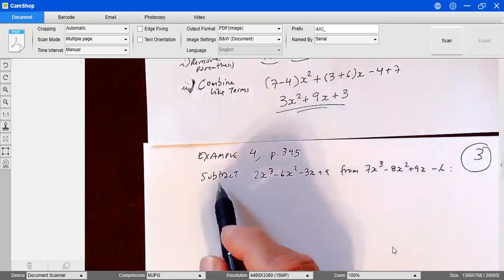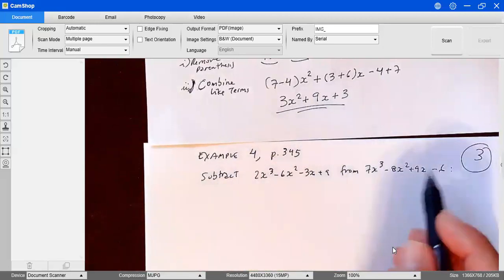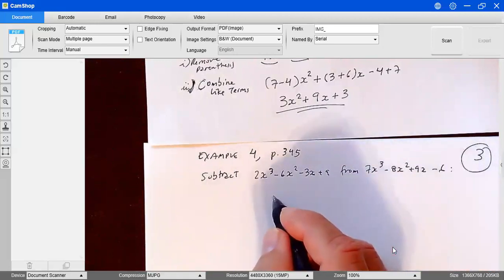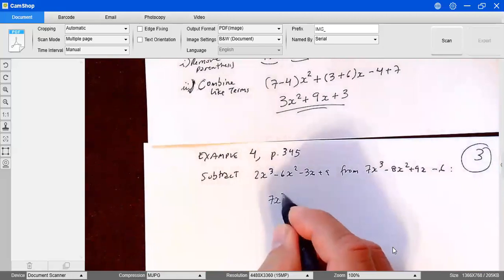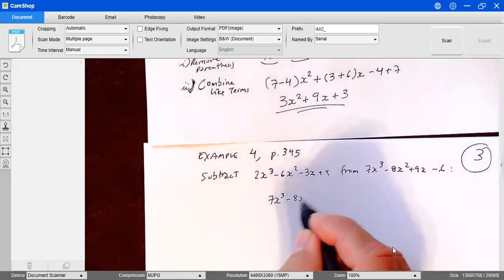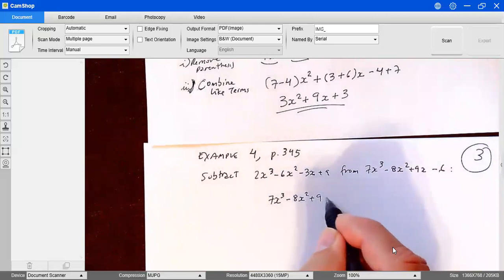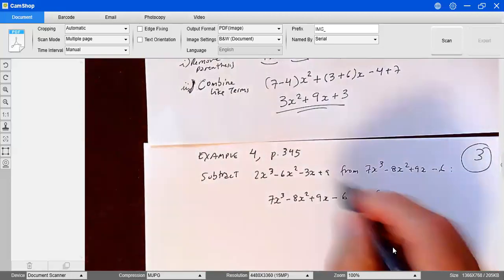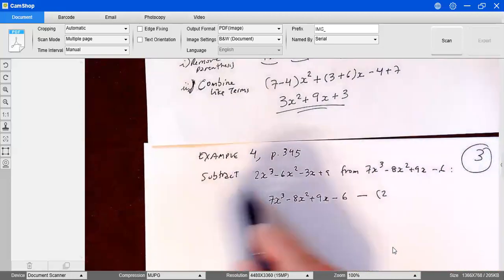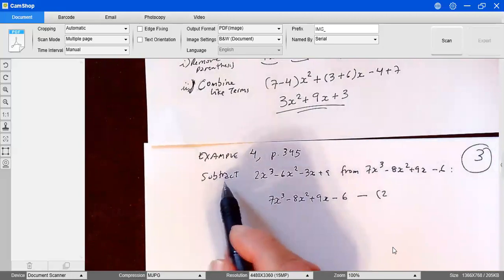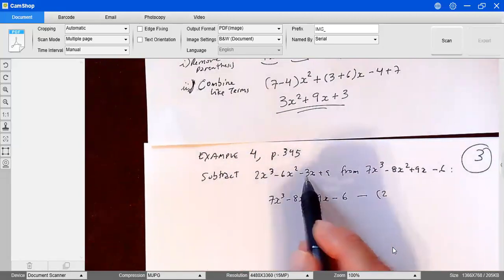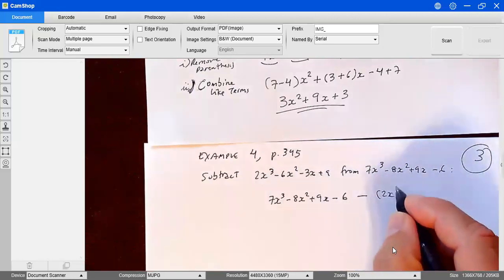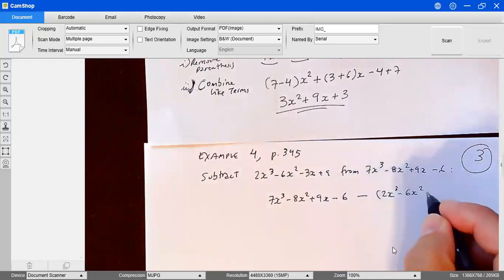So when you have subtract something from something, the second something goes first. So you're gonna need to write 7x cubed minus ax squared plus 9x minus 6 minus, and then you write the first polynomial. This is when you have this kind of notation: subtract a polynomial from another polynomial, then this is the order in which you need to write your subtractions.